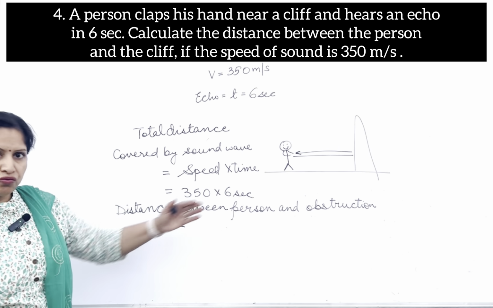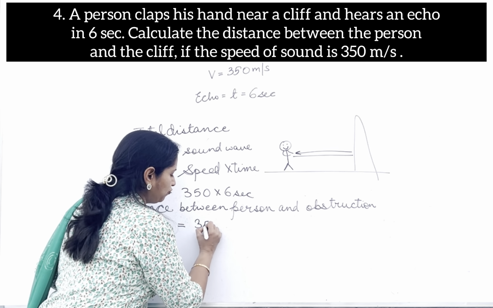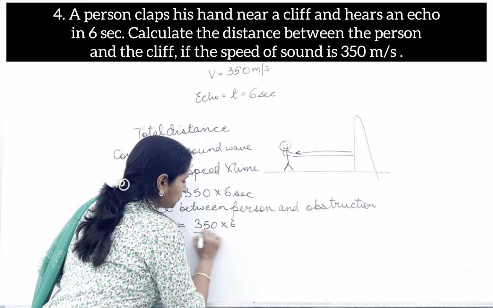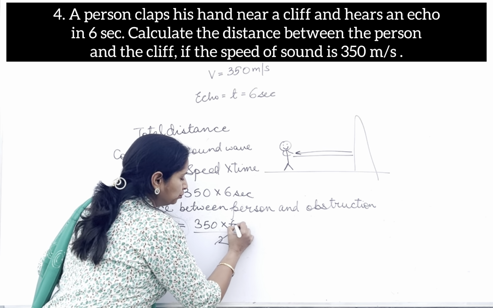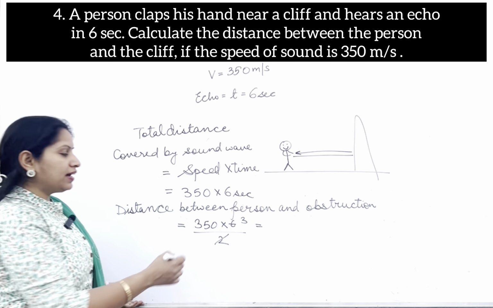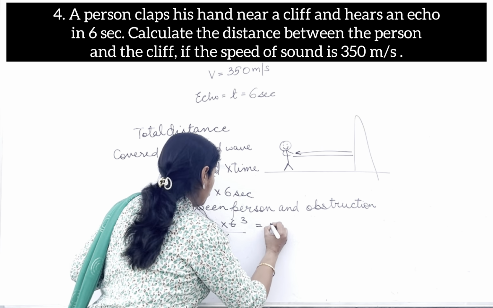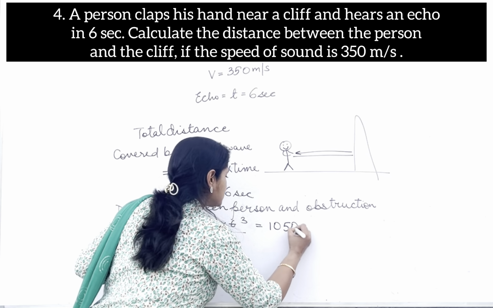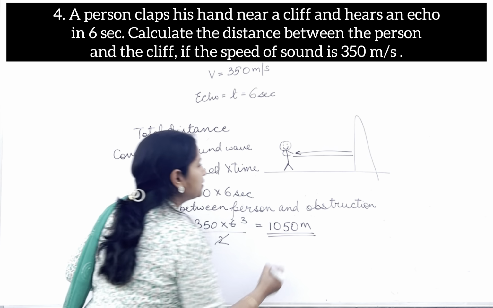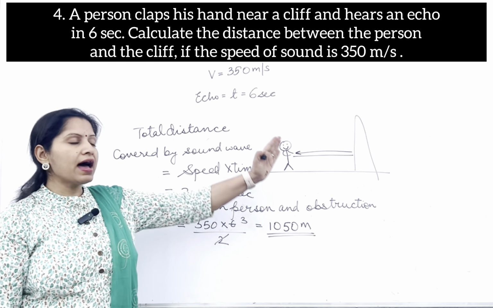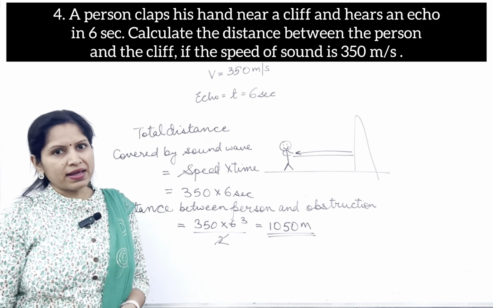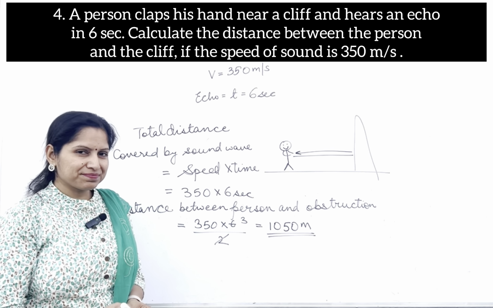Will be half of this distance, that is 350 into 6 divided by 2. So 2 3 times is 6 and 3 times 350 is 1050 meters. So the distance between the person and the mountain is 1050 meters.